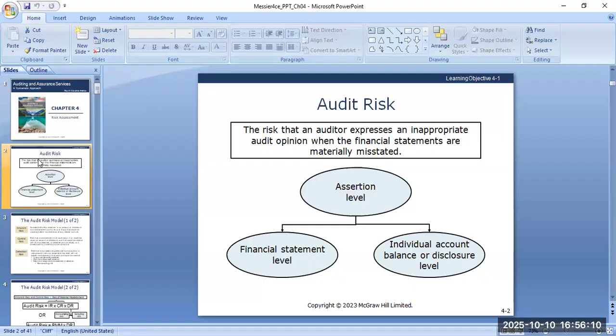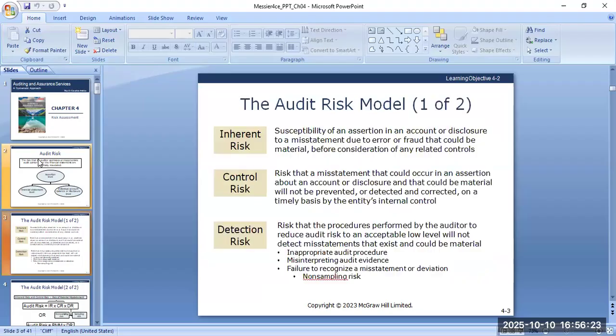Now, on the assertion level, we're going to have a financial statements level, and we're going to have an individual account balances and disclosure level. Now, the audit risk model is a combination of three risks.